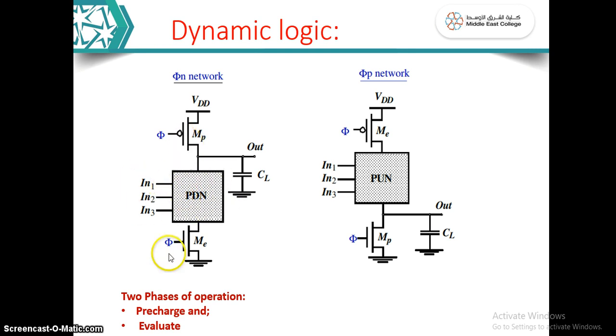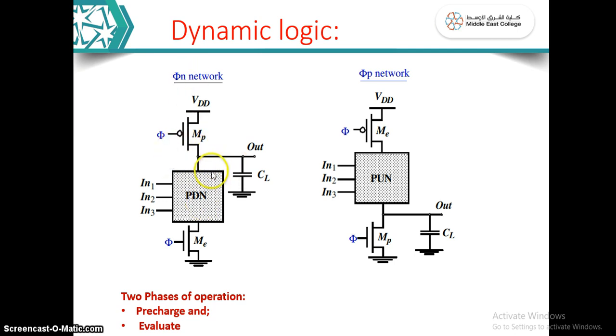Then there are the two additional transistors: one is a header transistor, which is a PMOS transistor, and another one is a footer transistor, which is an NMOS transistor. Both are run by a common clock phi, and you take your output from the drain of the upper part of the pull down network. That means it will come as a drain of your NMOS transistors. So that is what a phi n network is.